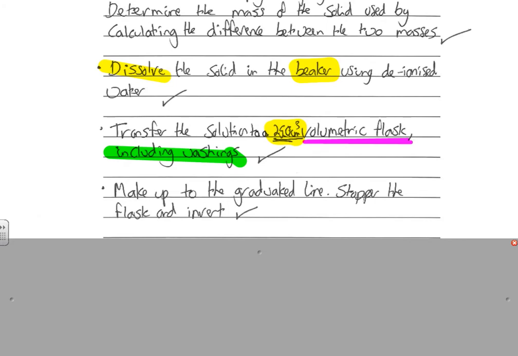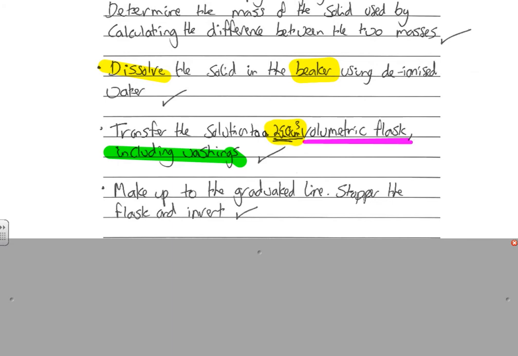Part of that solution, obviously the 250 centimetres cubed, is the combined volume of the water and the solid will contribute a little bit to that volume. So if you added simply 250 centimetres cubed of water, you would end up with a solution that was slightly more in terms of volume than 250, and it is therefore marked wrong.